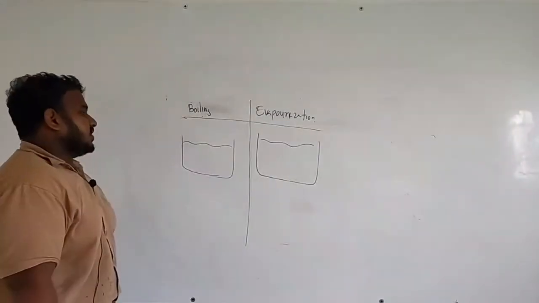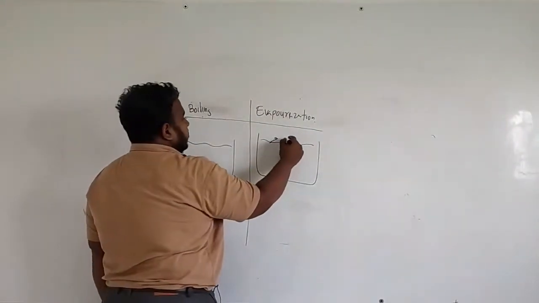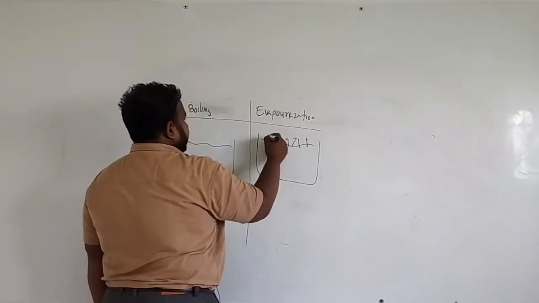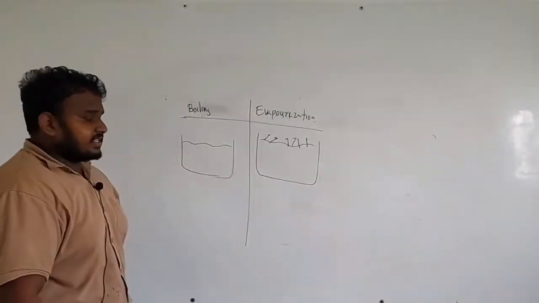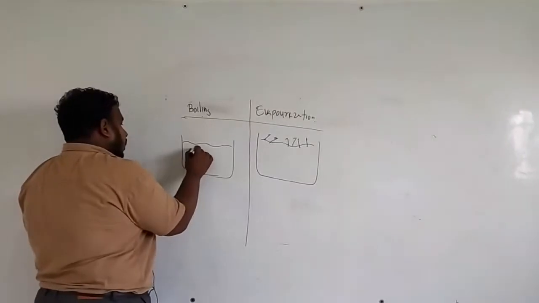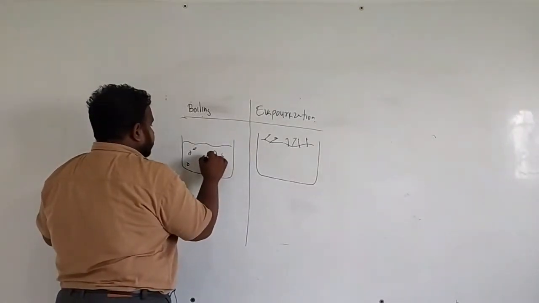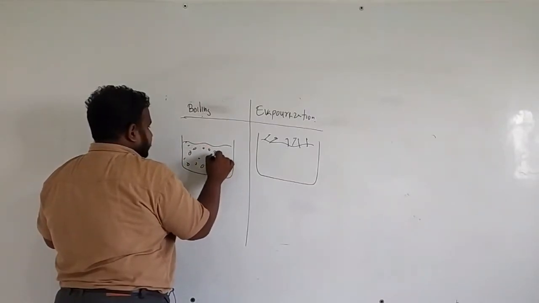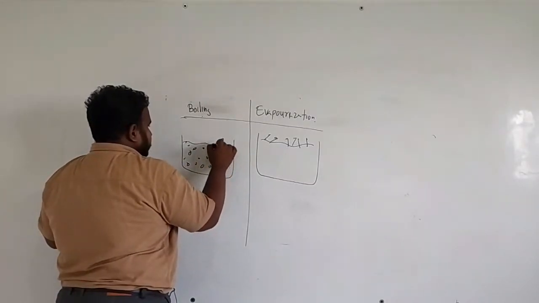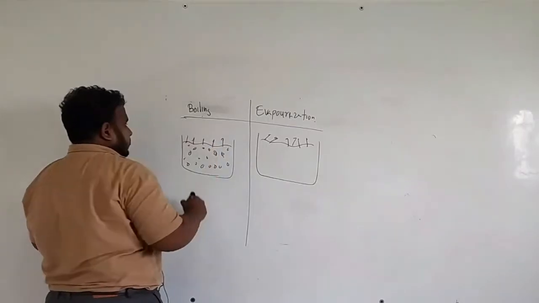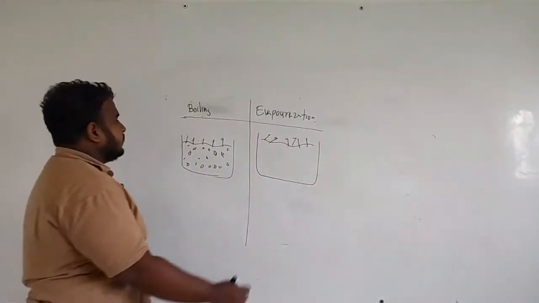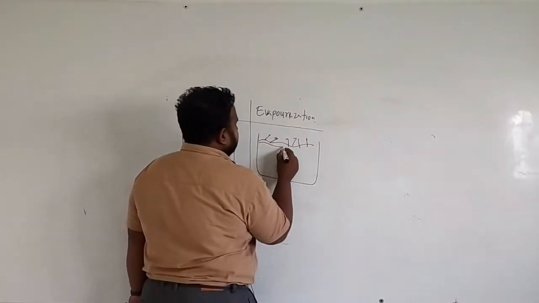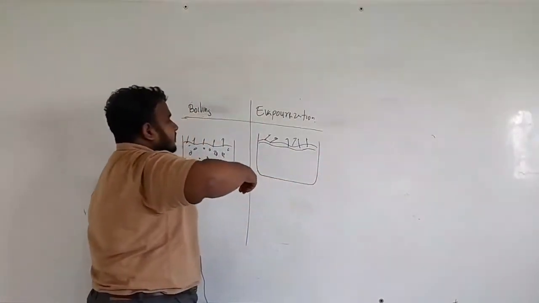In evaporization, only the surface molecules will get into the gaseous state. But while boiling, all the molecules throughout the liquid will turn into the vapor form, right? Evaporation, only the surface molecules get into the vaporized form.